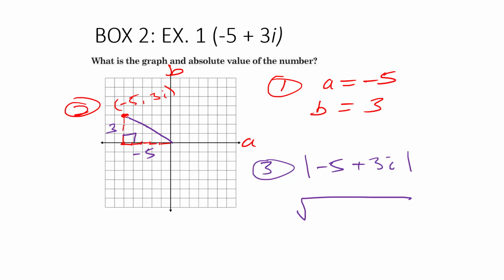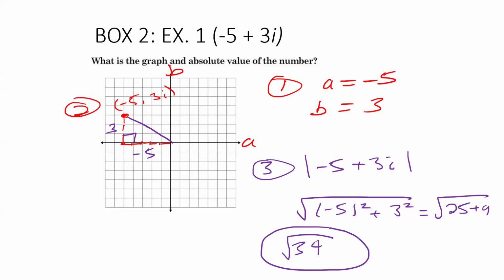Are you with me? So we have -5 squared plus 3 squared. That's going to give us 25 plus 9. And what's 25 plus 9? 34. That would be our absolute value: the square root of 34. Ta-da! So as you can see, we're learning something that's called complex, but has it really been complex? No, not at all.